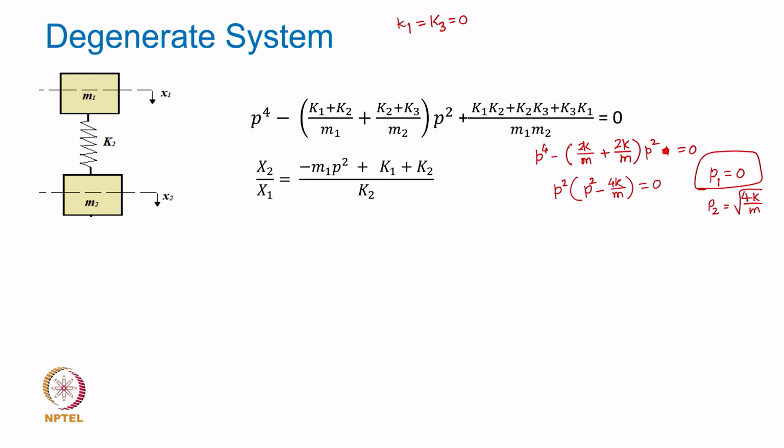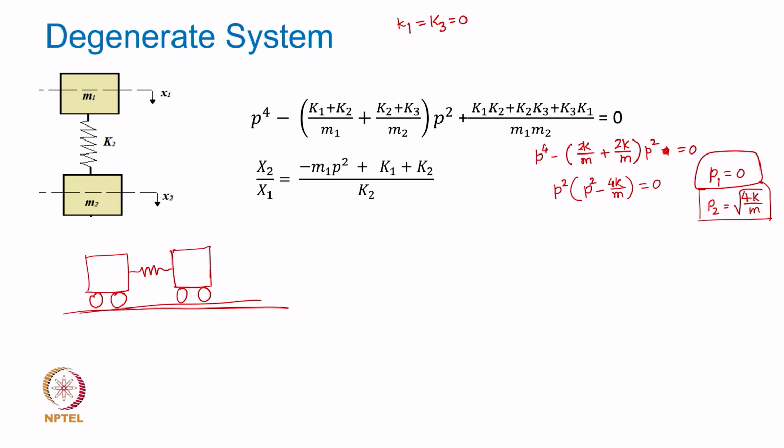Now, what do you make out of the first natural frequency being 0? Just to give you a practical example, you can imagine two metro coaches connected by a coupler, right.